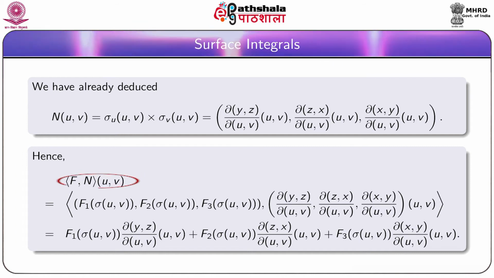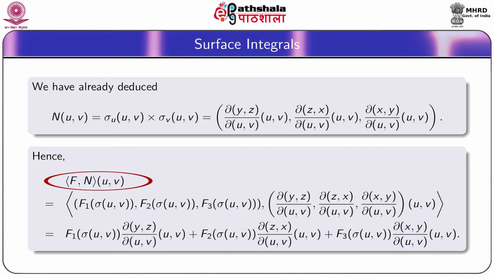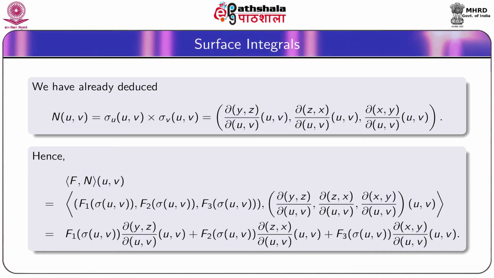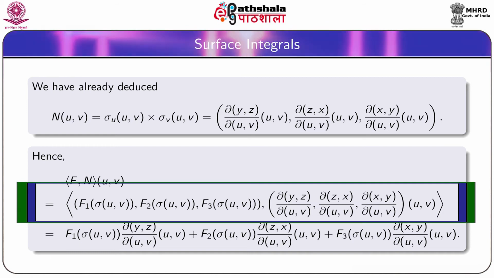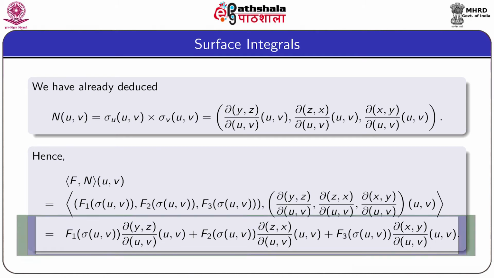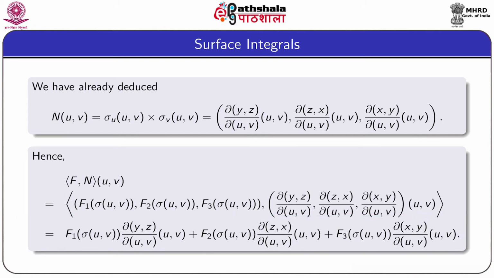Hence, the inner product of F and N at (u,v) equals the inner product of the vectors F1(sigma(u,v)), F2(sigma(u,v)), F3(sigma(u,v)) with those Jacobians. So, this equals F1(sigma(u,v)) multiplied with Jacobian del(y,z)/del(u,v) at (u,v), and this quantity added with two similar terms.